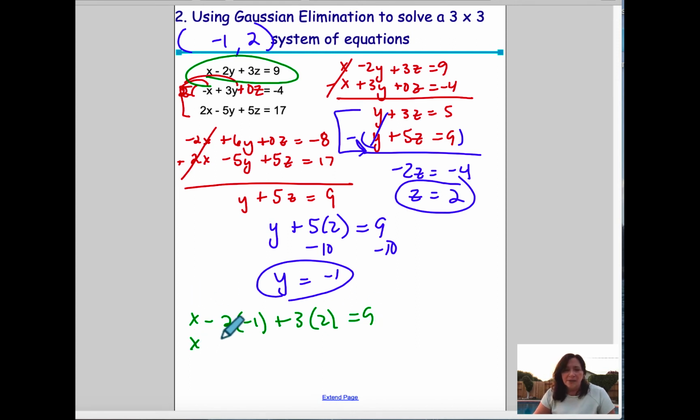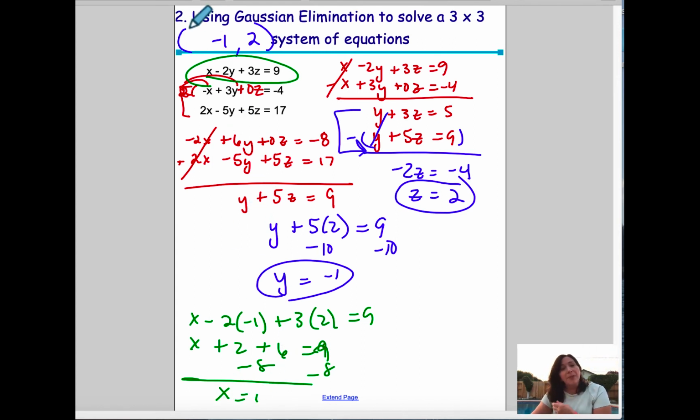So we go x plus 2 plus 6 equals 9. So 2 plus 6 is 8, and I'm going to subtract 8 from both sides. So what was this, 9? Okay, so subtract 8, so I get 1. So x equals 1.